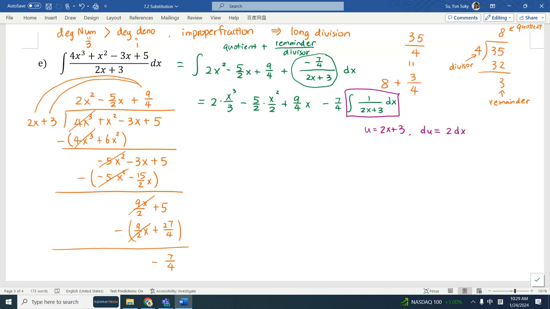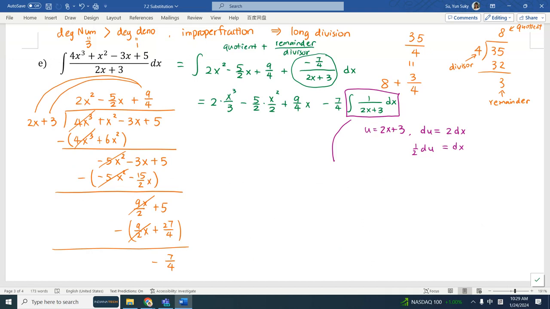I should tell you to write tiny. This problem is long. Sorry that you don't have enough space. Okay. So dx is how many du? 1/2 du. Okay. Let's calculate this integral first. Then we plug in the whole thing after we finish this part.